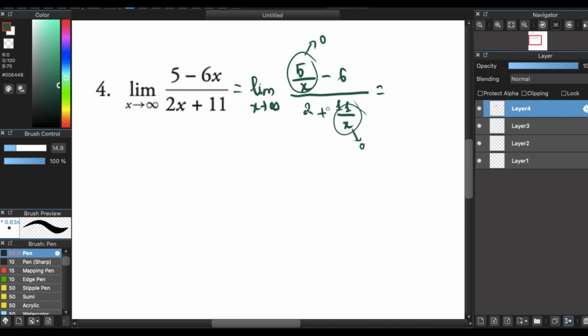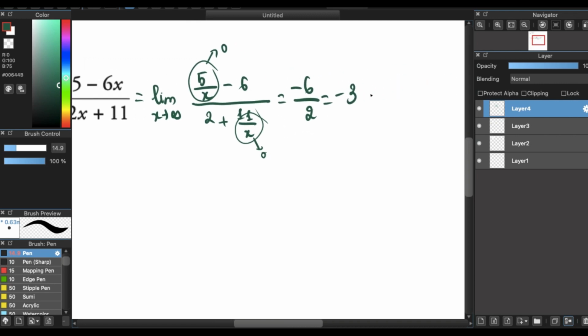Therefore, the limit of this function will be minus 6 over 2 equals minus 3, and this is what we're going to get.